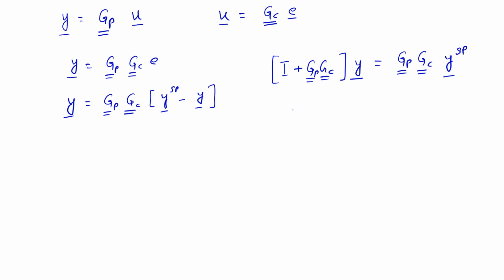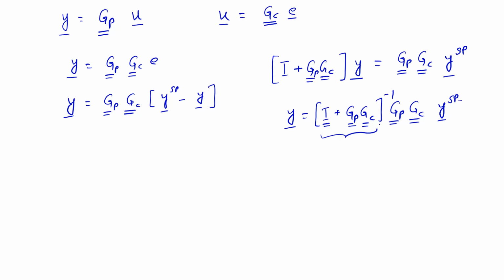And then what you get is the servo transfer function: y is equal to I plus gp gc inverse, the inverse matrix, times gp times gc times y set point. This is now matrix inversion. And this guy out here is actually a matrix of transfer functions.